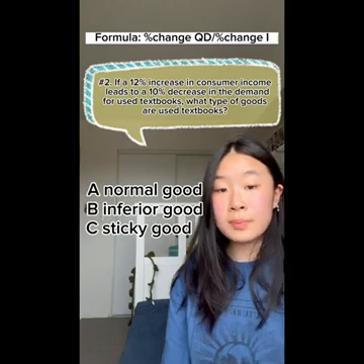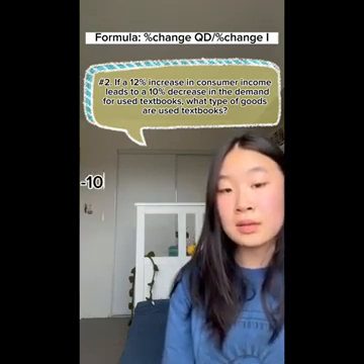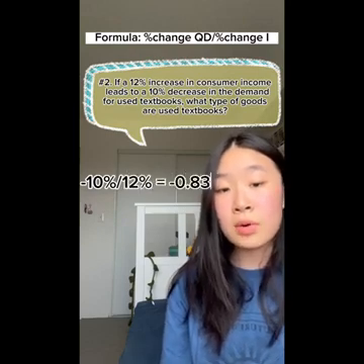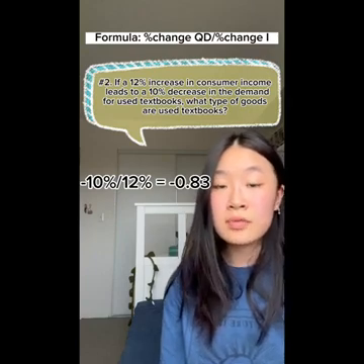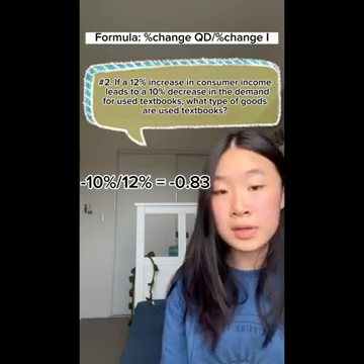The answer would be B, inferior goods, because negative 10% divided by 12% equals negative 0.83. Since the coefficient is negative, used textbooks will be considered an inferior good.